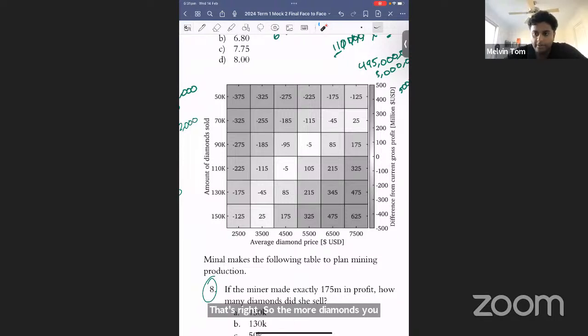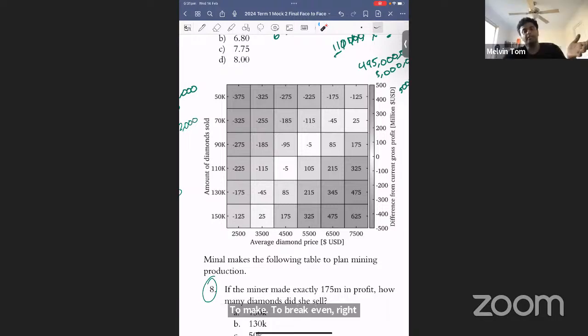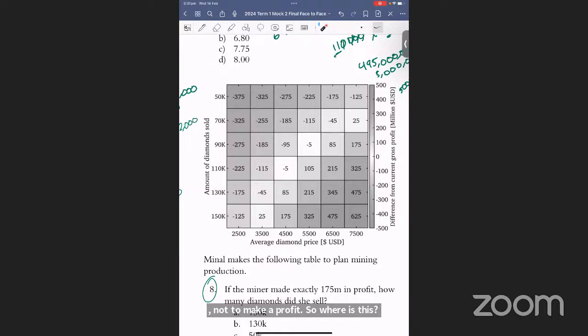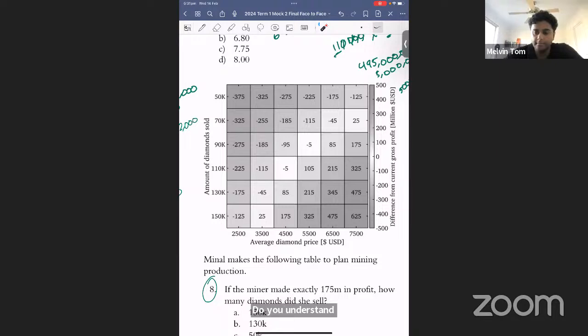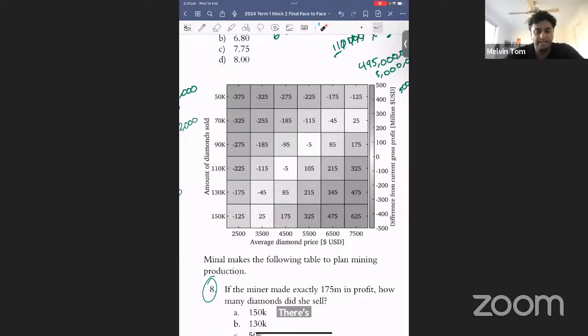Now, the question is saying, what's the least amount of diamonds you need to sell to break even? What does break even mean? It means not to make a loss, not to make a profit. So where is the point where you stop losing money? 70K. Yes, okay.